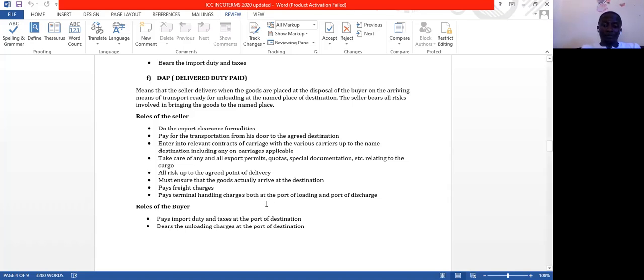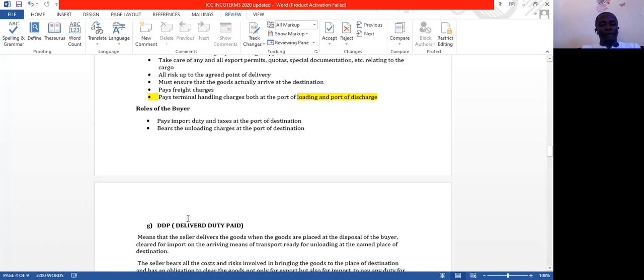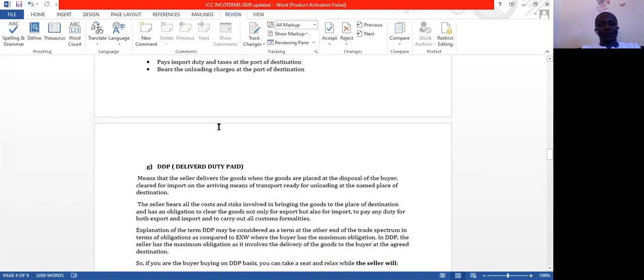Take note of that. At both the ports. Roles of the buyer: pays import duties and taxes at the port of destination, bears the unloading charges at the port of destination.